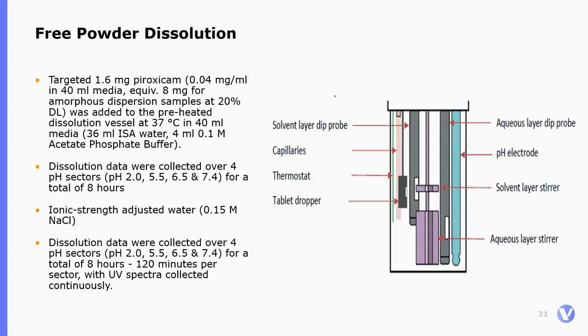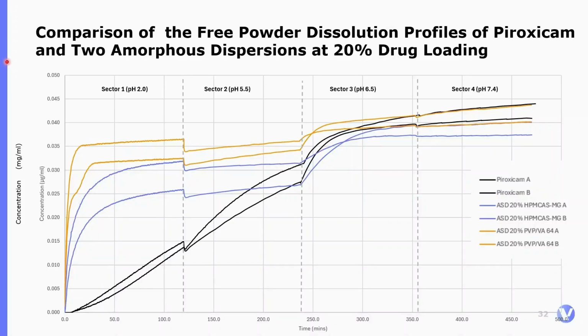This is particularly important for Piroxicam since its solubility changes significantly depending on the pH. These are the results of a free powder dissolution. The experiments were run in duplicates. Here we can see that at a low pH, the amorphous dispersion rapidly dissolves, with a preference for PVPVA.